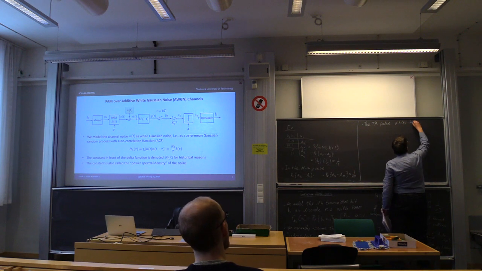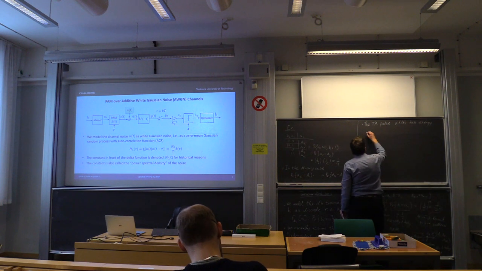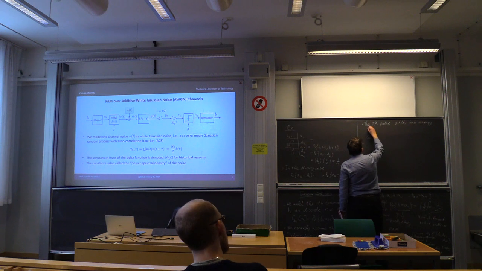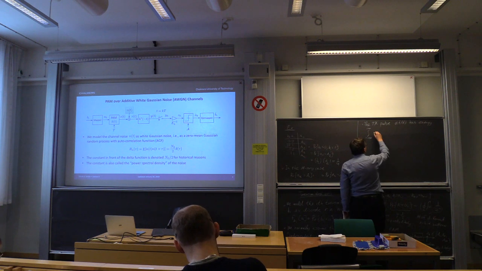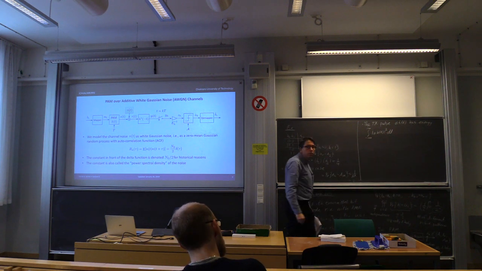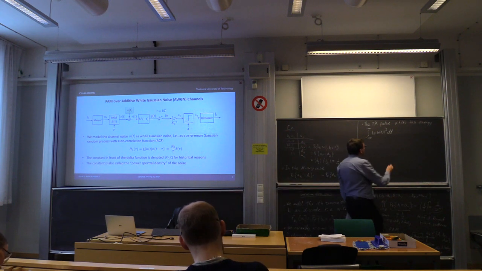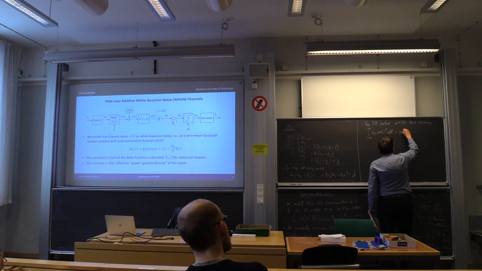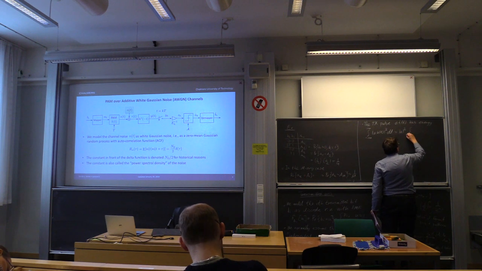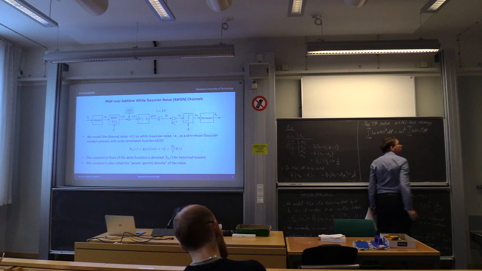So this has energy equal to the integral from minus infinity to infinity of the magnitude of A times h(t), squared, integrated for all times. That's the energy of the pulse. We can write this as the magnitude of A squared times the integral from minus infinity to infinity of the magnitude of h squared dt.